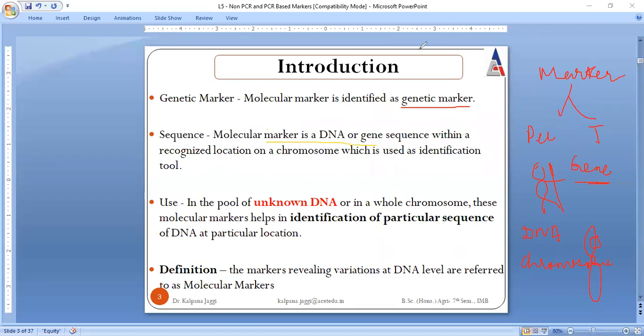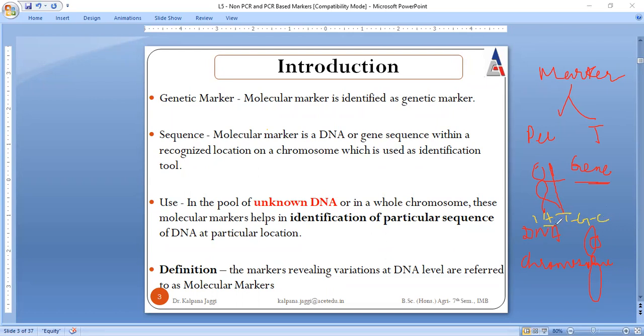Similarly, when we define the molecular marker, we say molecular marker is a DNA sequence. That means when we say DNA sequence, we are talking about the sequence of adenine, thymine, guanine, cytosine. This is the DNA sequence.